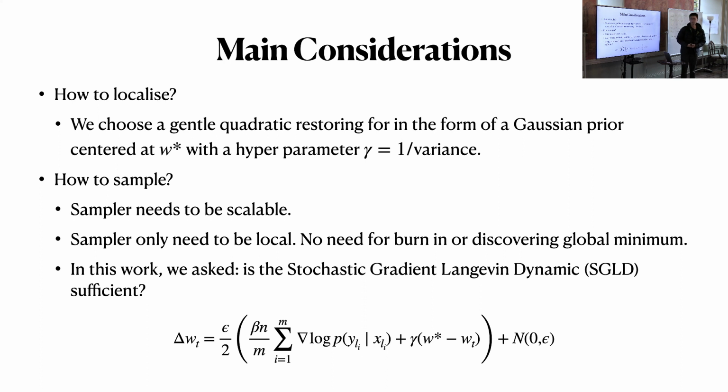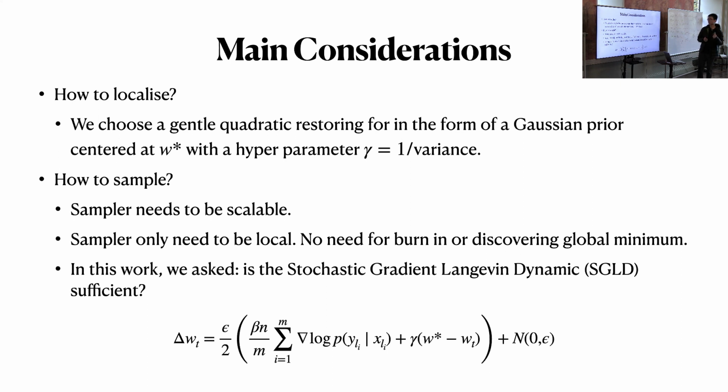The samples only need to be local, right? We don't need it to burn in and find the global minima. In fact, we don't want it to find lower energy states, for example. We want it to be where we are. We want to explore just the local geometries.